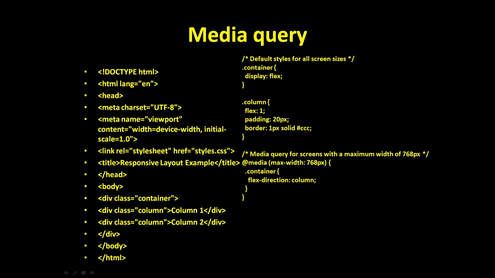Now the next one, we have specified two columns, column 1 and column 2, where column is a class name. In column we are also using flex equal to 1, padding equal to 20 pixels, and border equal to 1 pixel solid color. The next one, we are using column 2. Here also we are using column.